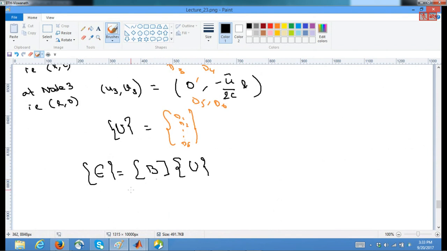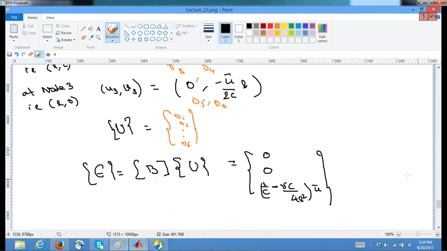you will get your epsilon after evaluation, something like this. It is 0, 0, and 1 by C minus mu C by 4L square times u bar.